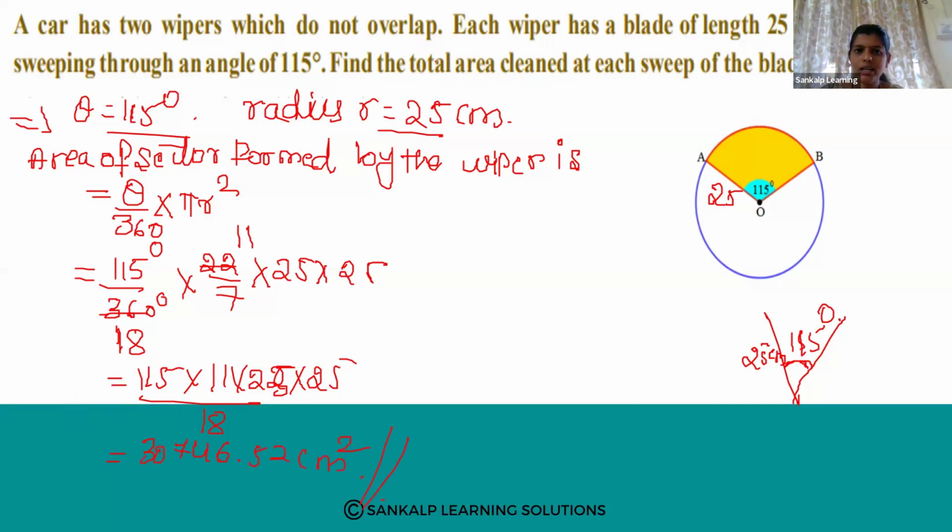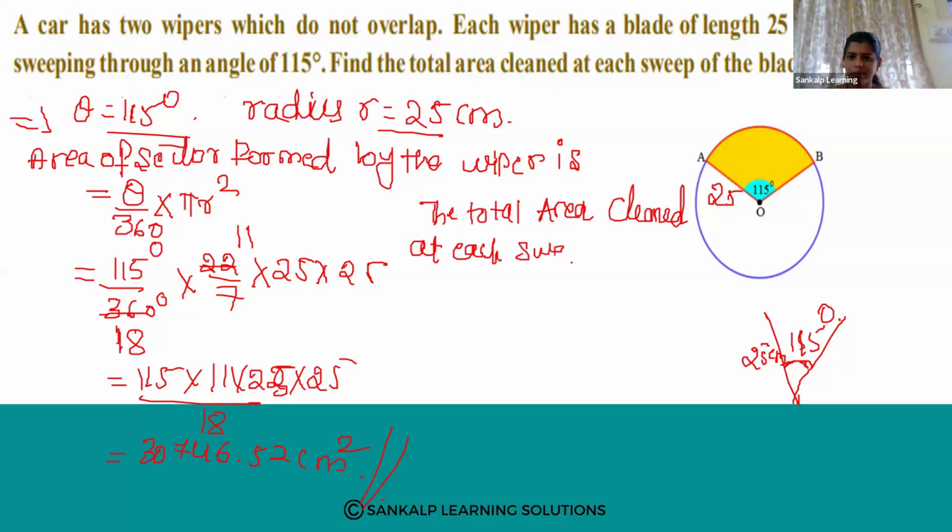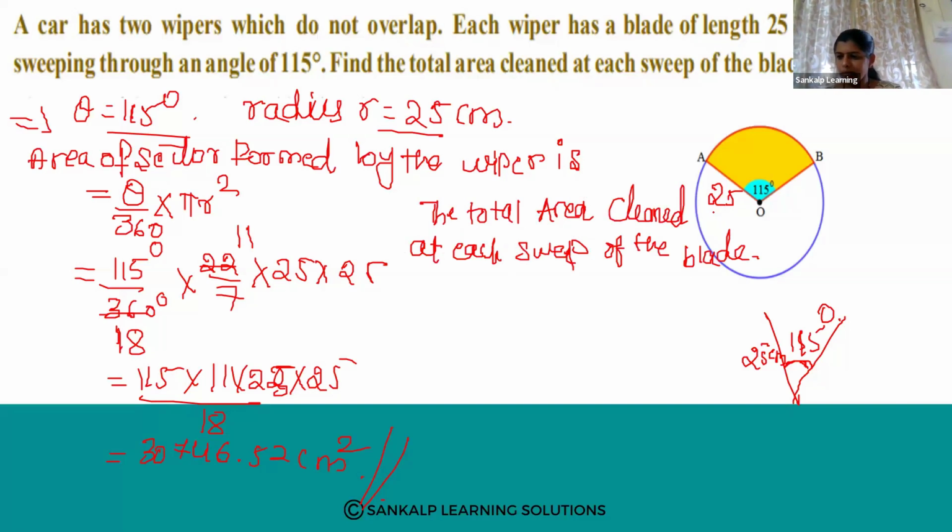And another thing, the total area cleaned at each sweep of a blade. The total area cleaned at each wipe, at each sweep of the blade is, 2 wipers are there.